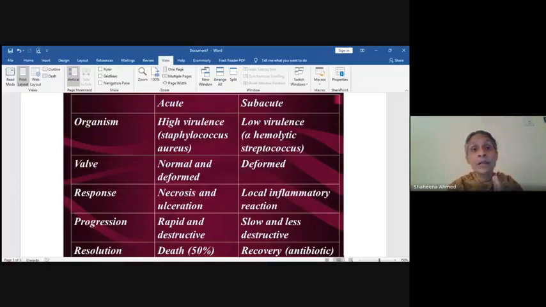It is nearly 50%. So we have to know which type of endocarditis is there, so that we can immediately intervene, start treatment, and save the life of the patient.